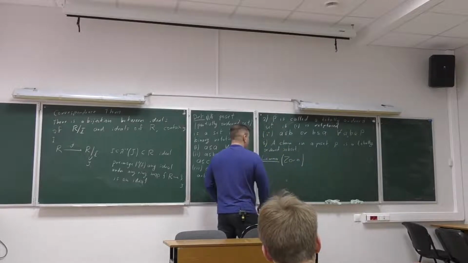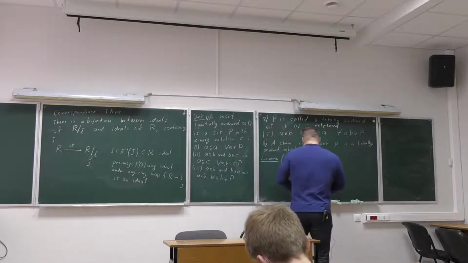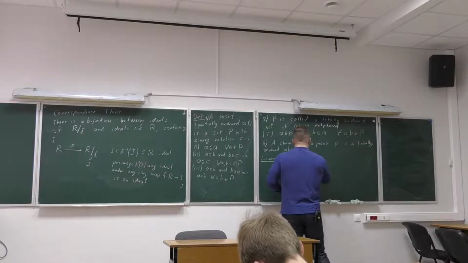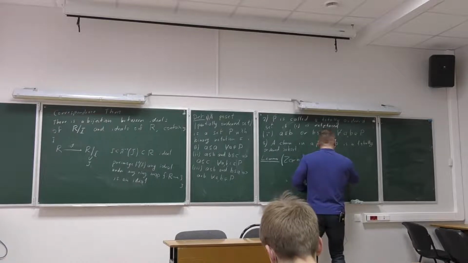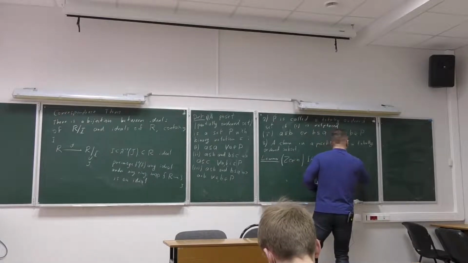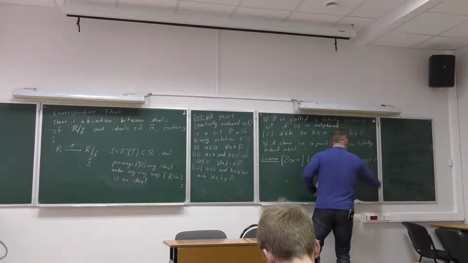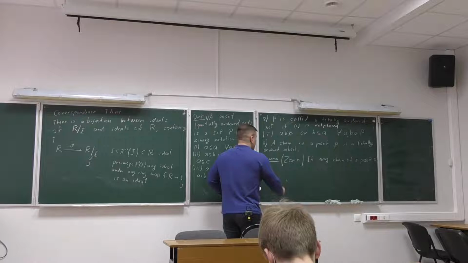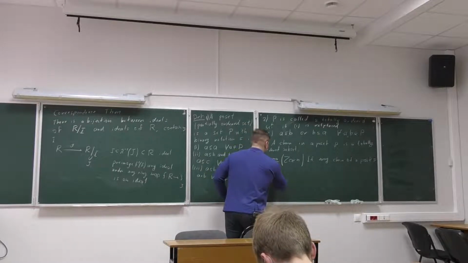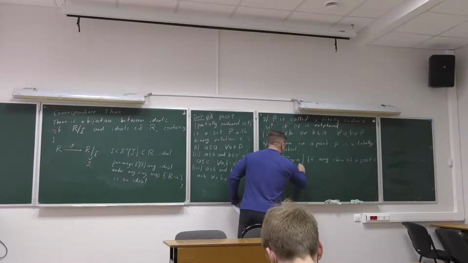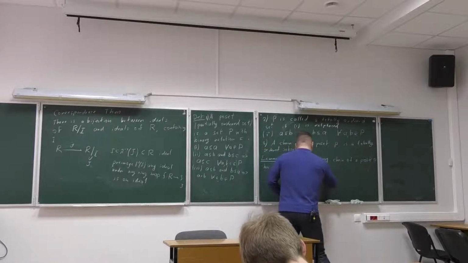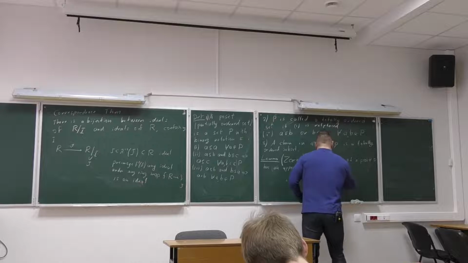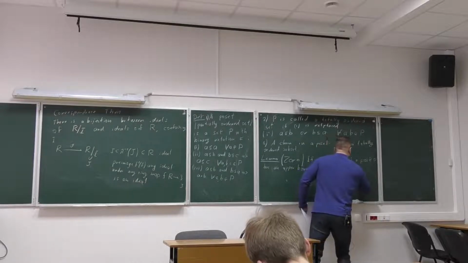Zorn's lemma says the following: if every chain of a poset P has an upper bound, then P has a maximal element.